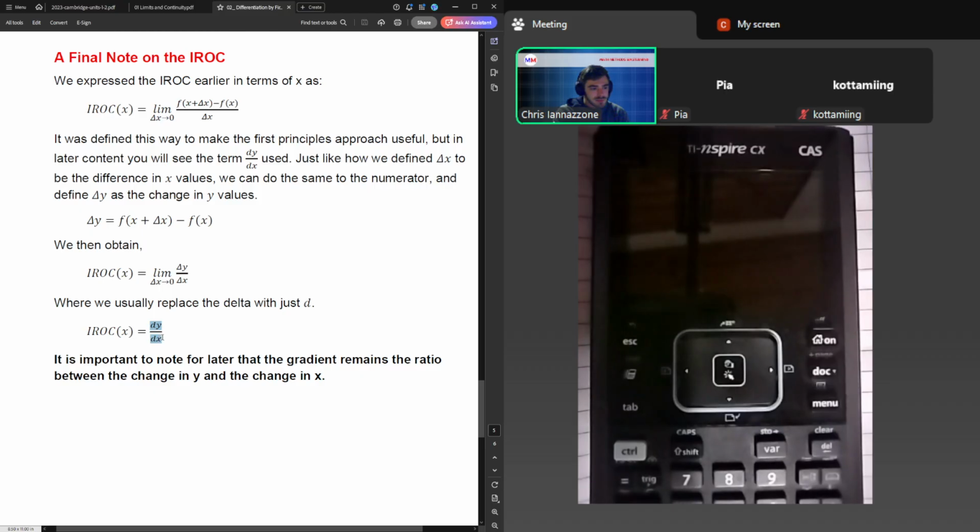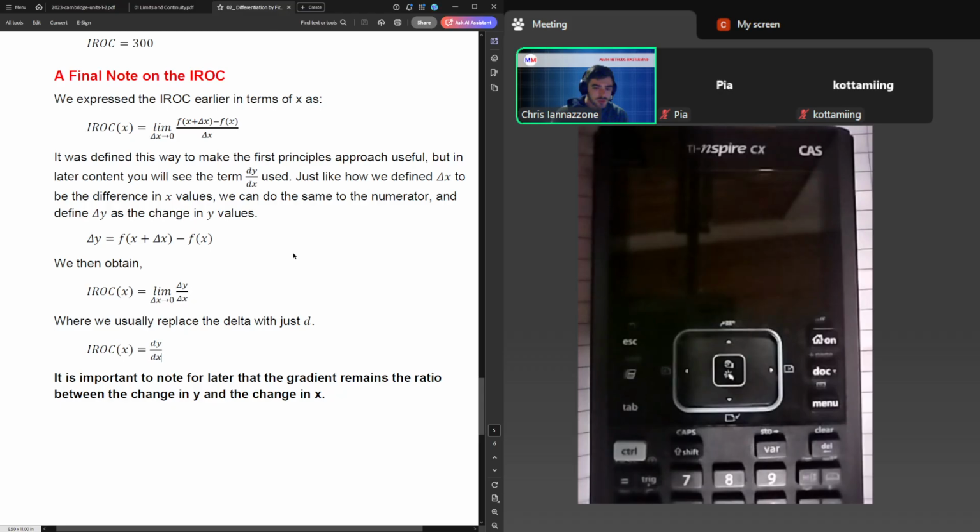And so if you ever see this notation dy on dx, what you're being shown is the derivative of a function. This is the formal definition of derivative, instantaneous rate of change. It's still formal, but it's just another way of expressing this, typically used in the context of when you're using a table of values, a table of derivatives to look up.